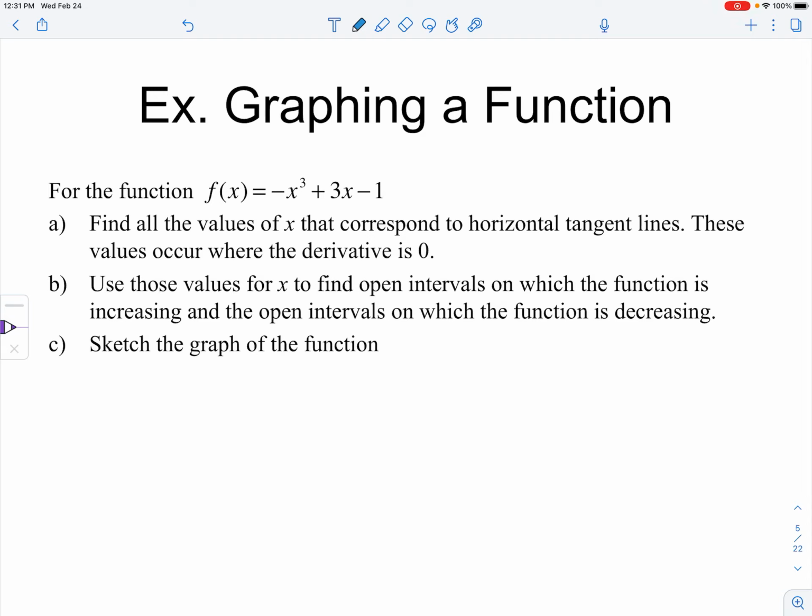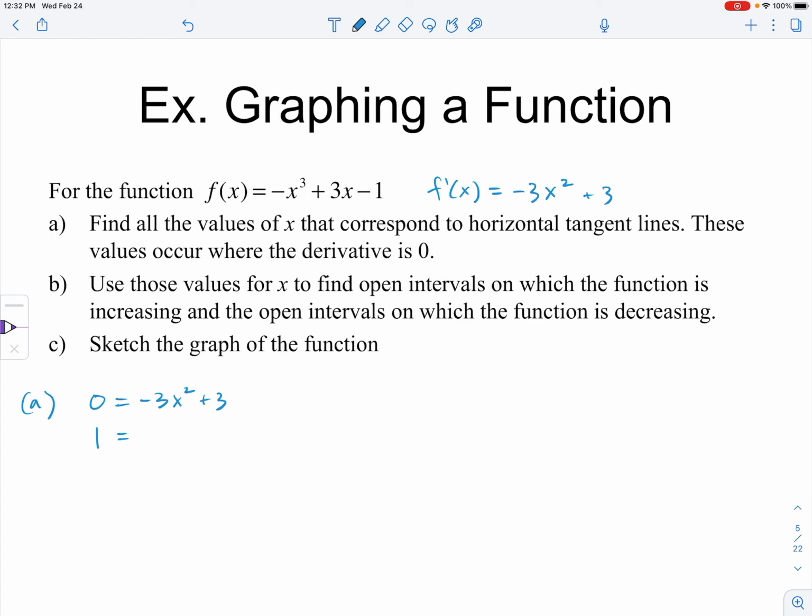So first of all, part A asks us to find all the values of x that correspond to horizontal tangent lines. These values occur where the derivative is equal to 0. So if I find the derivative here, f prime of x will be negative 3x squared plus 3, just using power rule. And for part A, I'm going to set that derivative equal to 0.